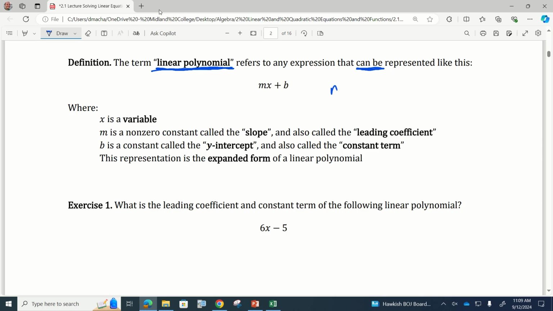And m here is just a constant, so that could be a number, the number 5 or the number -3/2, or it could be the number 1, times x, which is a variable. A variable is not a constant number, it's just a symbol that could represent any of a set of numbers. And then plus b, b is again a constant.